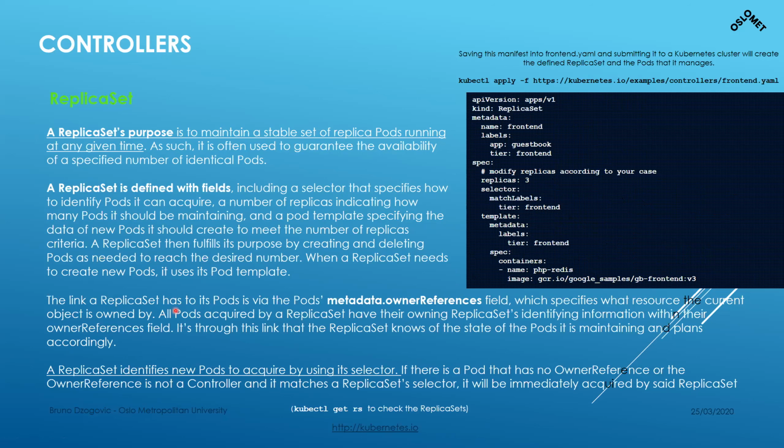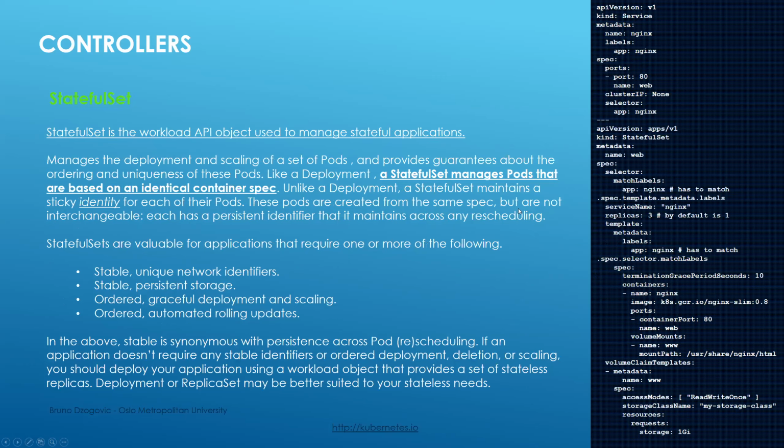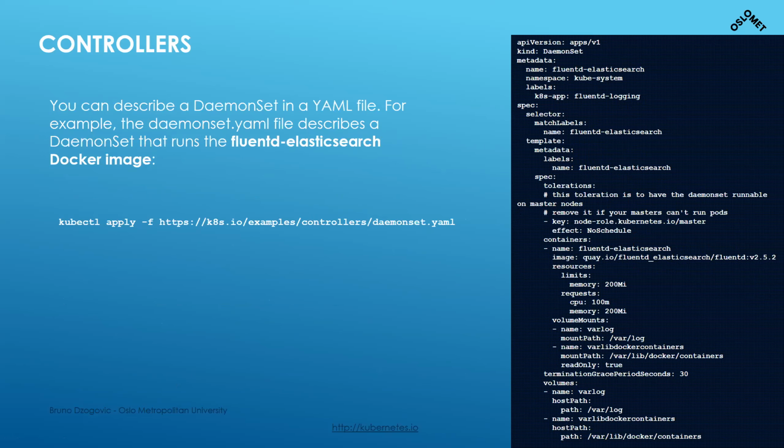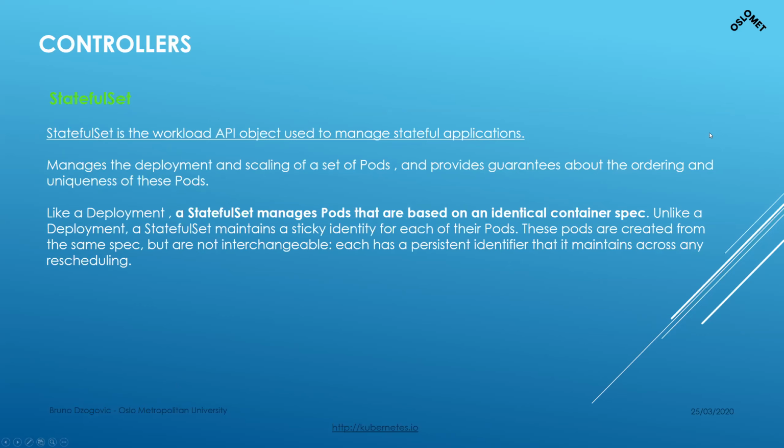The link of a replica set to its pods is via the metadata owner reference field, but the replica set identifies the pods by using the selector. So the selector that we have defined previously, for example, this one. This is how the replica set will know about the specific pod.